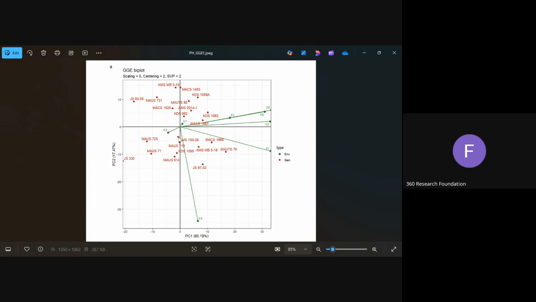These 3-4 genotypes are very close to the origin. Close to the origin means across environments they are stable.